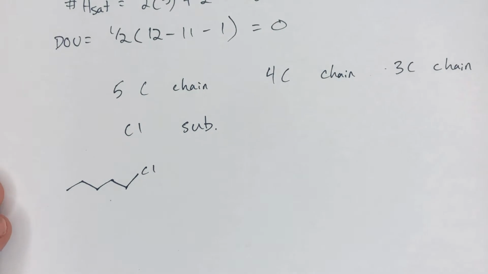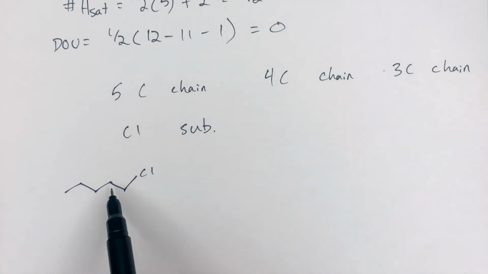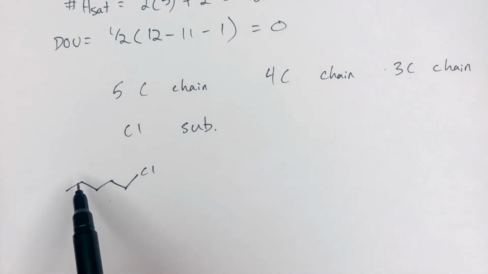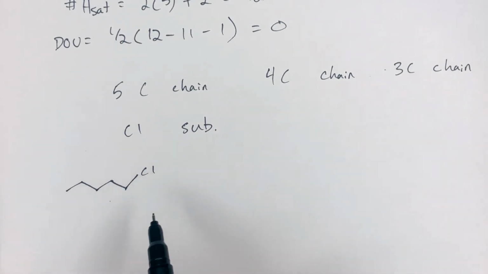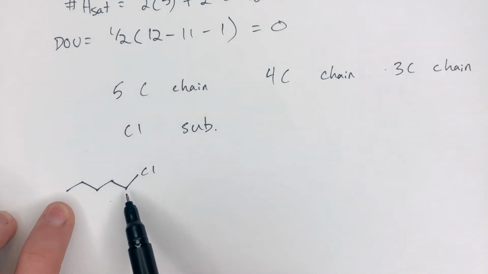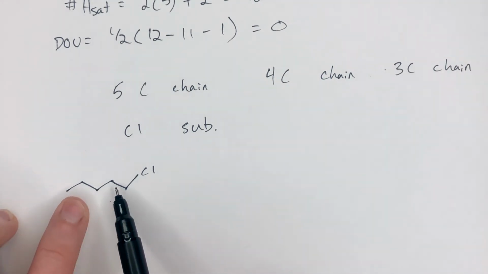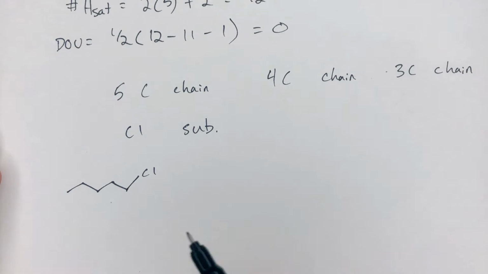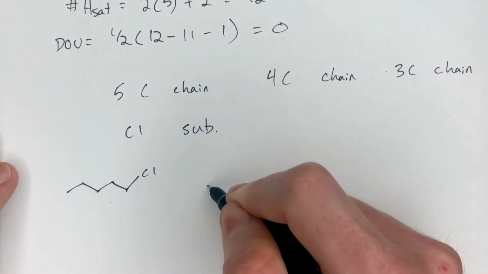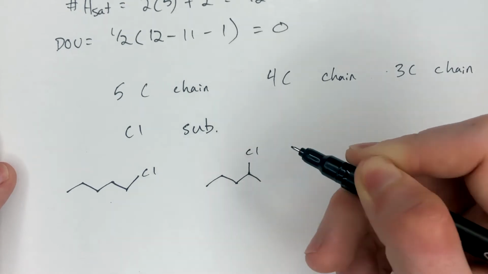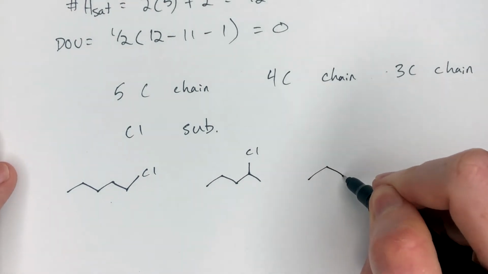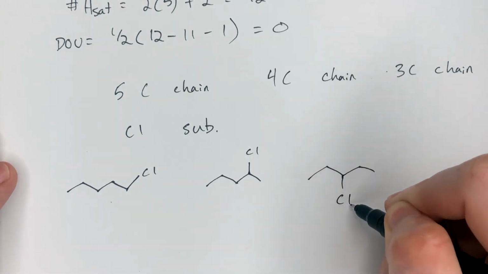This is one suitable isomer. Then we can put the chlorine at 2 or 3. Once we put it at 4 or 5, that's going to be the same as 2 and 1 respectively, right? So 1 and 5 would be the same, 2 and 4 are the same, and 3 is different. So we're going to have 3 different chlorine placements on the 5-membered longest chain, like these 3.